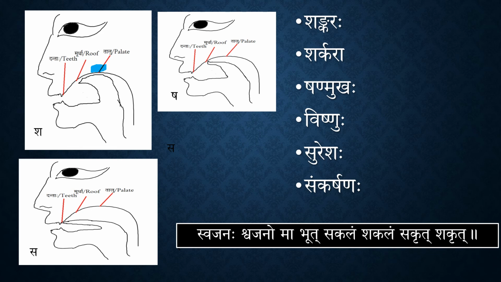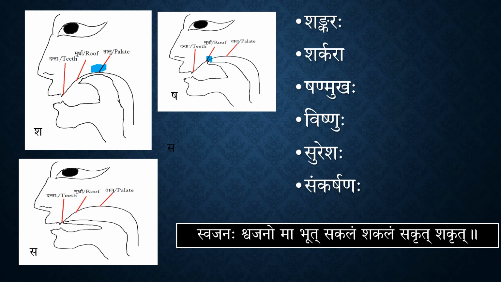Then the next one is the murdhanya sha, where the sthanam, the place, is murdha, with the tip of the tongue curled, pushing the air out. Shanmukha. So you can hear the difference between the letters sha and sha. That has to be clearly pronounced.